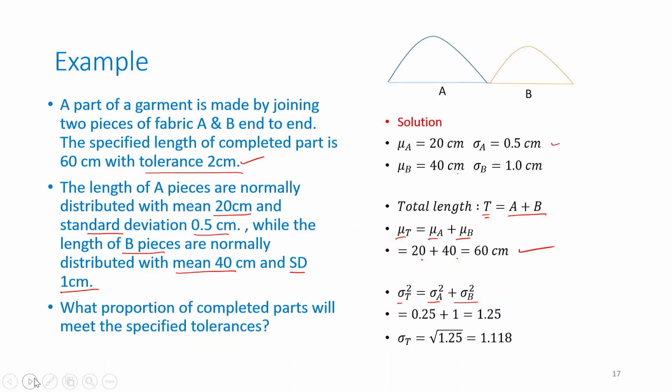And you put the value: sigma squared A is 0.5 squared, 0.25. Sigma squared B is 1 squared, which is 1. So sigma squared T is 1.25. What is sigma T? It is 1.118. That is my standard deviation of T.